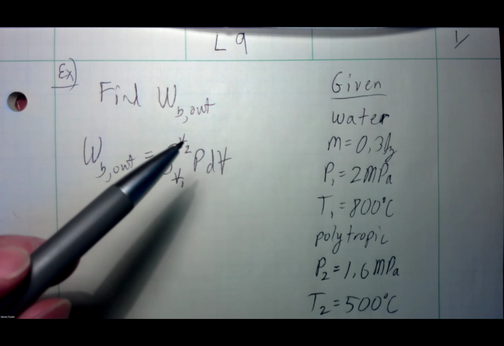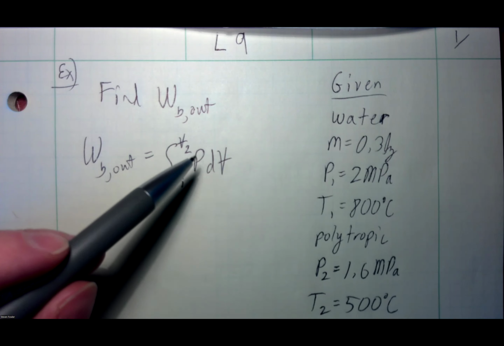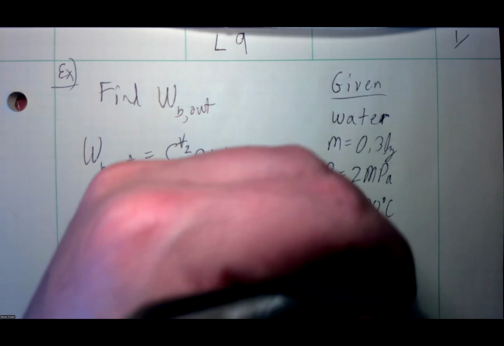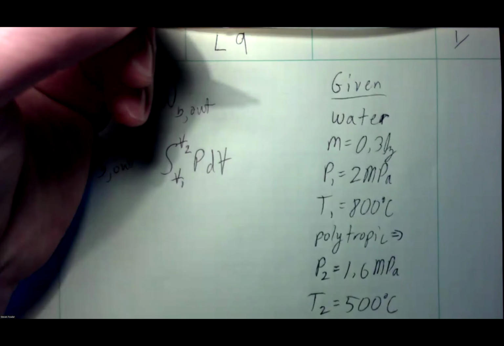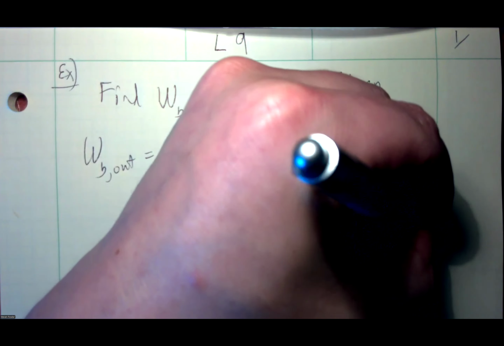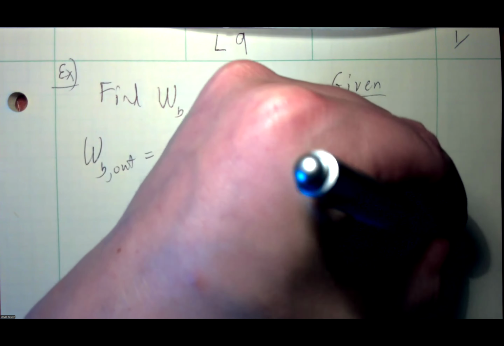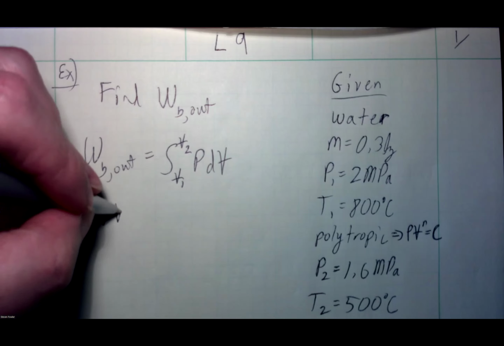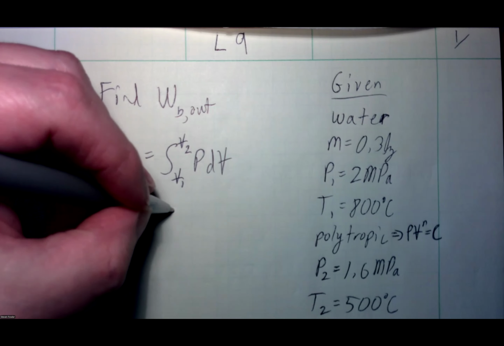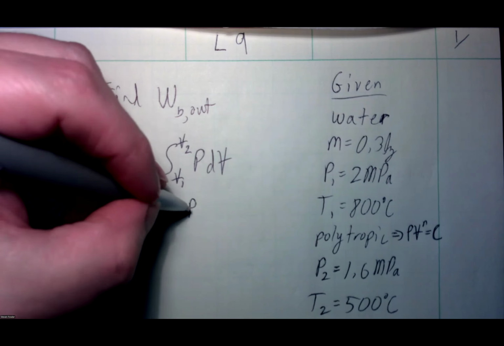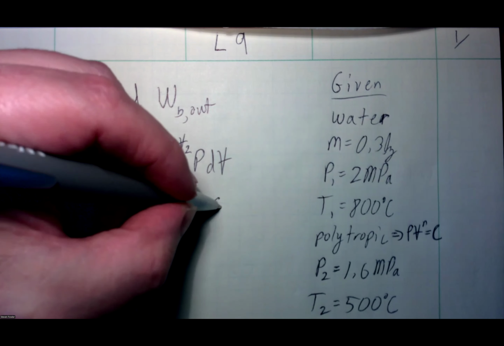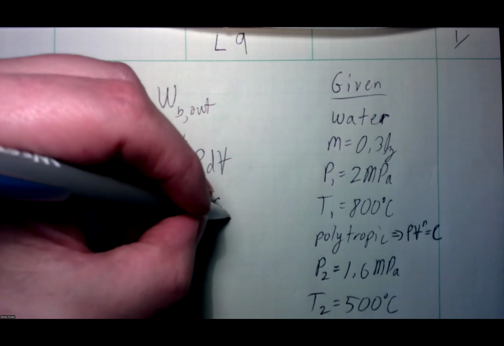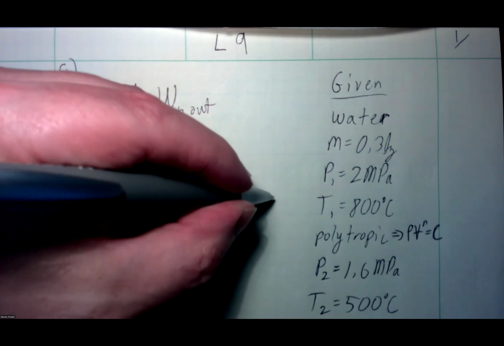I do need to know, though, for the calculus part, how pressure changes as a function of volume, and they've told me that. They've told me this thing is polytropic, meaning PV to a power n is equal to C, where n and C are constants. That is the same as saying P is equal to C over V to the power n, which is also equal to C V to the minus n.